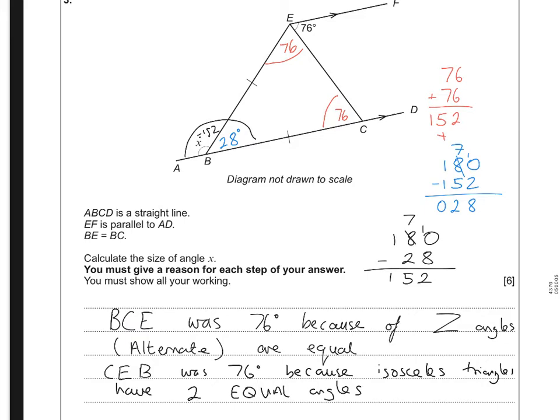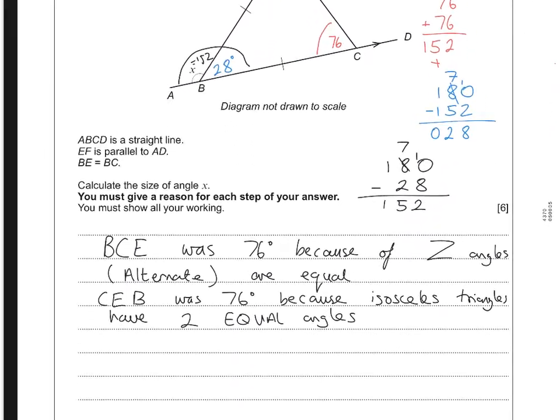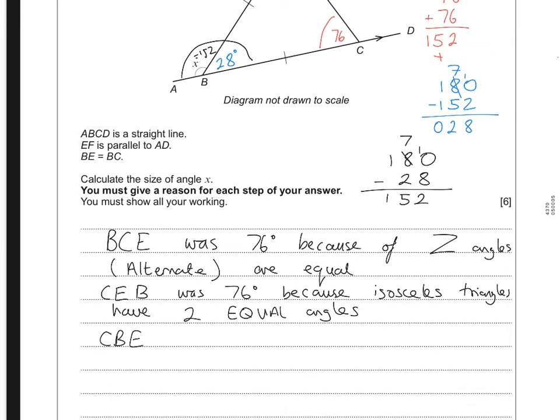The next thing I worked out was angle B. So angle B, I'm going to say CBE, so that's this angle here, was 28 degrees because, and I use angles in a triangle equal 180 for that.